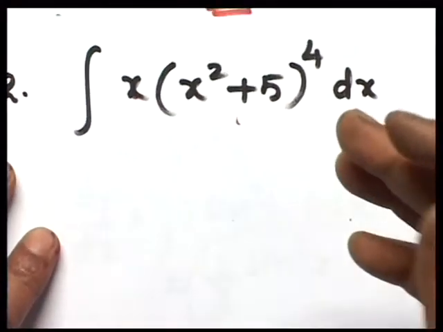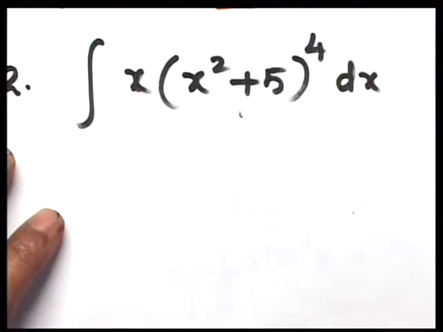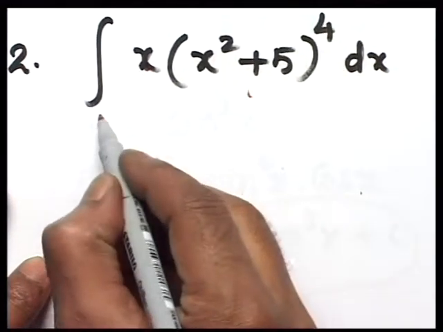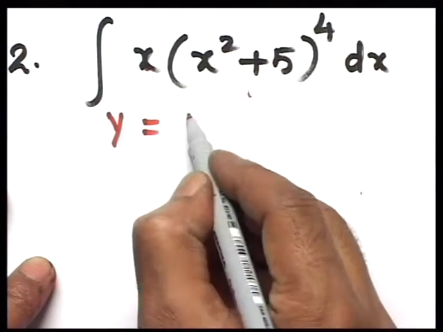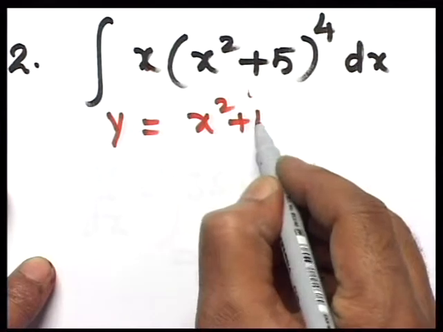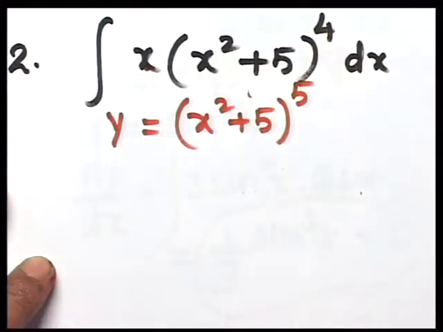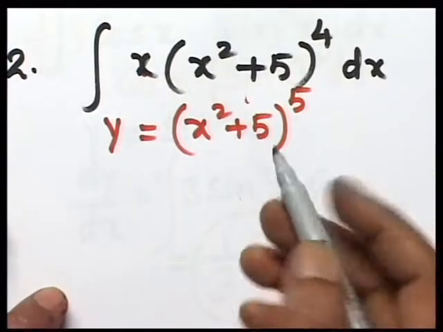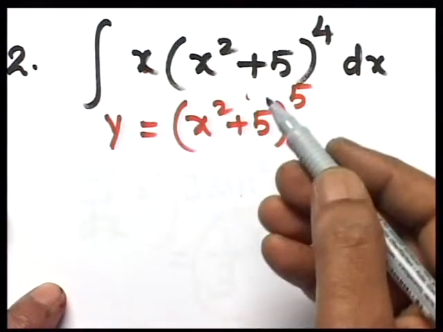So the question is in this pattern. That's what it means. So the method says, all right, let's guess the answer. And say y equals, take this bracket, x squared plus 5. Instead of to the power 4, you say to the power 5. Just increase that power by 1, please. Once you choose this, let's see whether we are right or wrong.